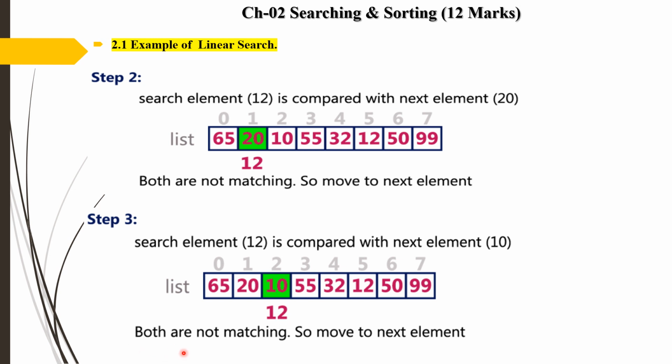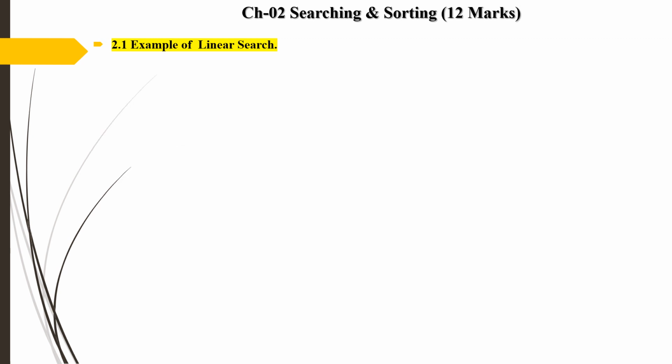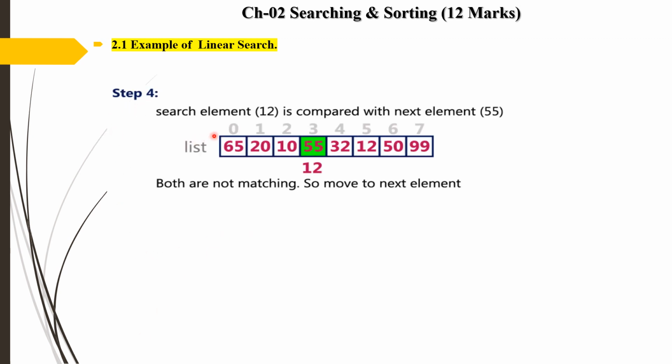Again same result, both are not matched, so move to the next element. Step 4, search element 12 is compared with 55. Again result is same, so move to next element, that is 32.